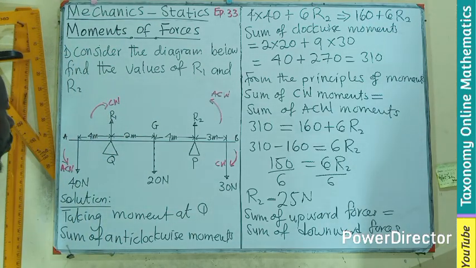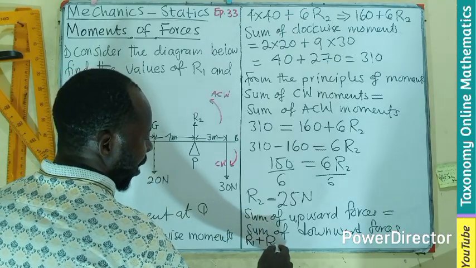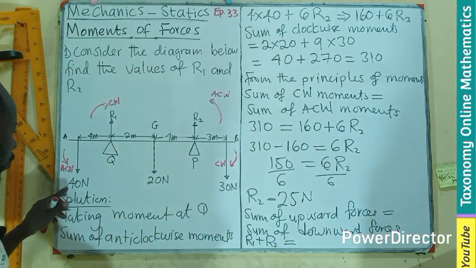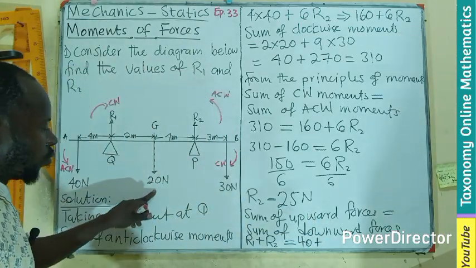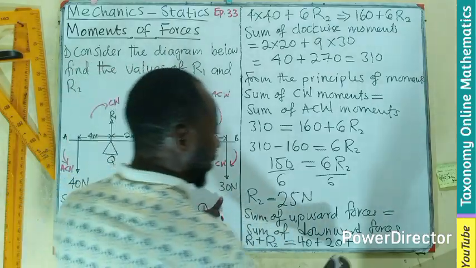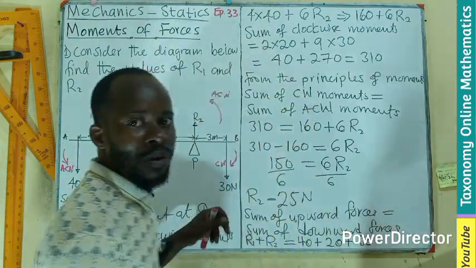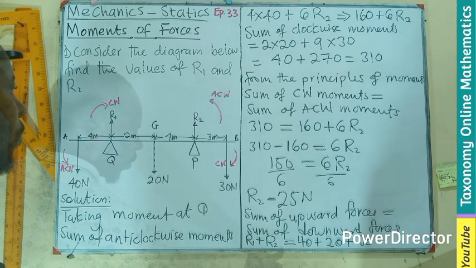We are going to have R1 plus R2 should be equal to 40 as a downward force, 20 as downward force, and 30 as downward force. So we compute this and continue.